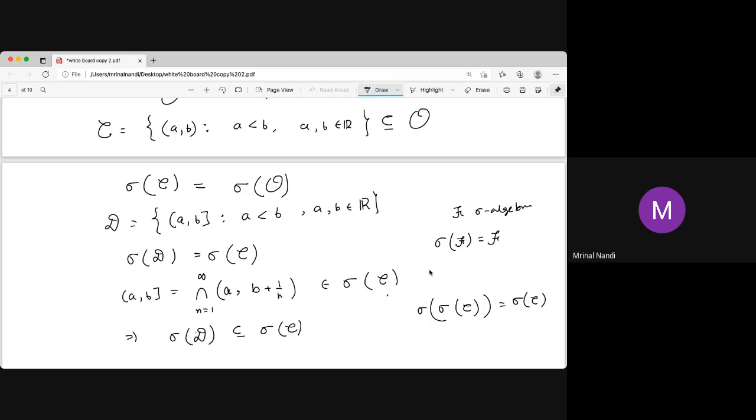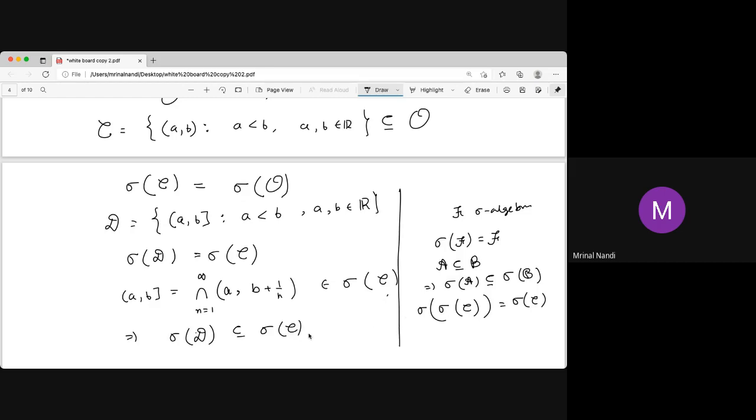And if you have script A, a collection of sets, which is a sub collection of some other collection, then the smallest sigma algebra containing this sub collection is a subset of the smallest sigma algebra containing the other collection.